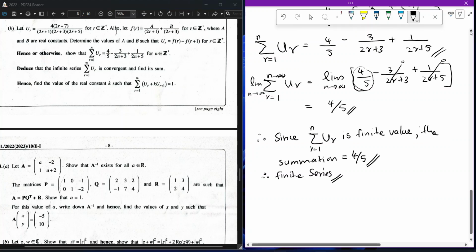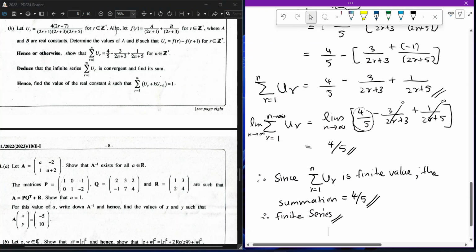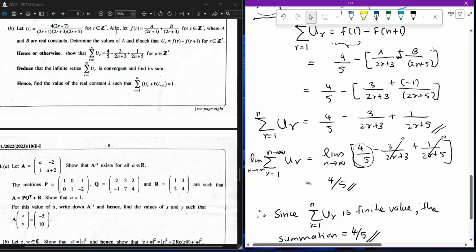You see, I got this thing in terms of r, because the fr plus 1 expression is this particular expression, I write with green. This was the fr plus 1 expression, right? I directly substituted the expression.